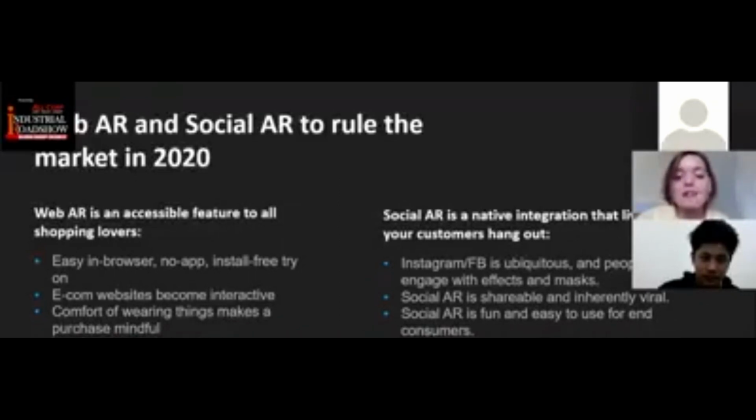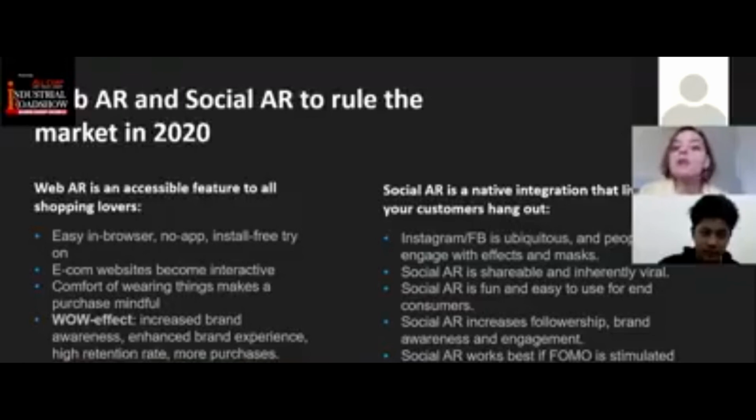Right, for Instagram and Facebook, people are very much familiar with the network and they're familiar with all these effects and masks they have in Instagram and Facebook. So those lenses and effects that we create for social AR, they are first off viral, which means that people are actively using them.